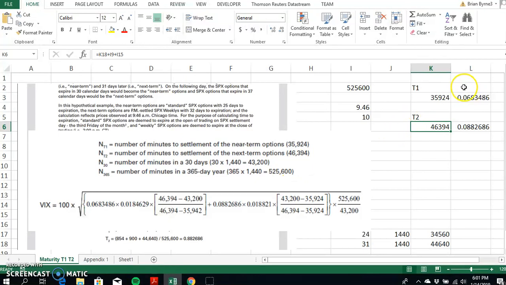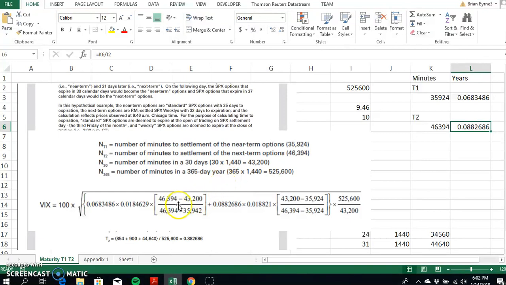In terms of years, we divided that by the number of minutes in the year, and that was given respectively as 0.68 and then 0.88.